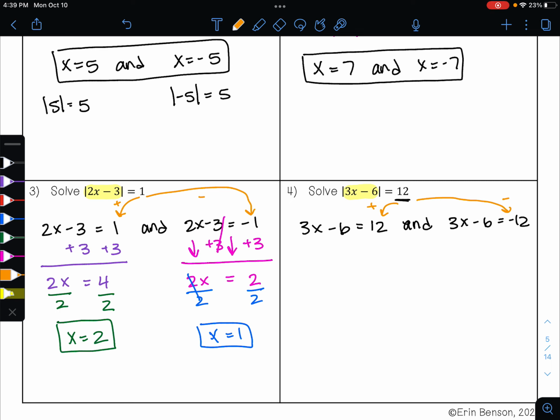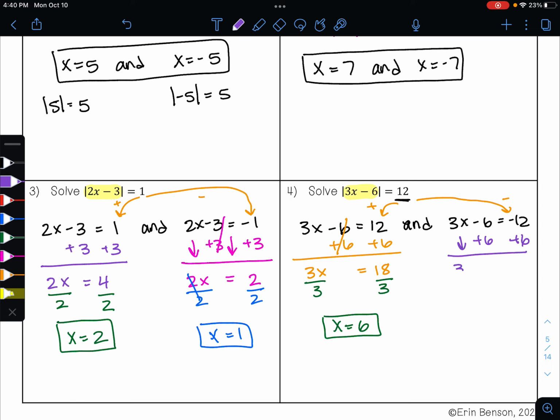I want to get 3x alone. So to undo subtraction, I'll do addition and get 3x is equal to 18. To undo multiplication, I'll do division and get x is equal to 6. On the other side, to undo subtraction, I'll do addition.